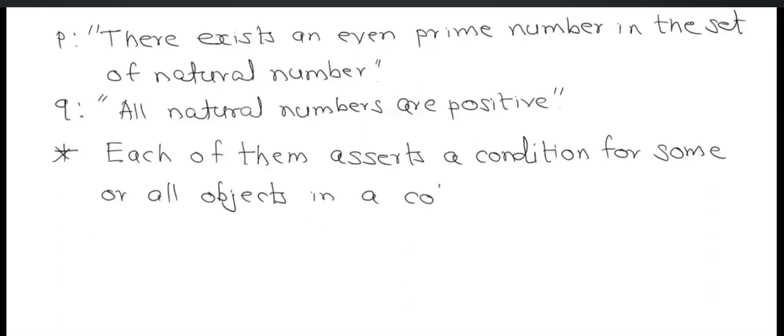That is, the first, there exists, means some, and the second, all natural numbers, means all objects in a collection.